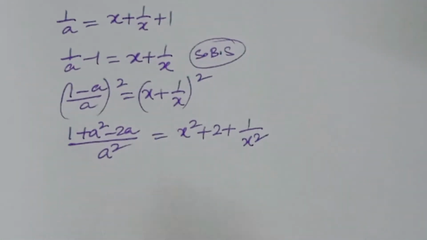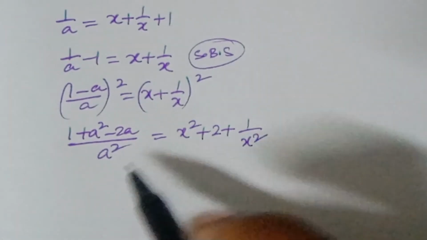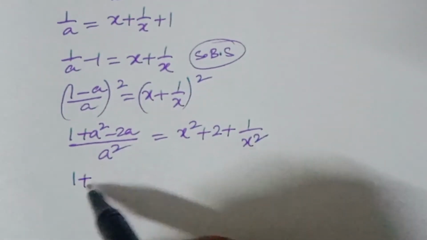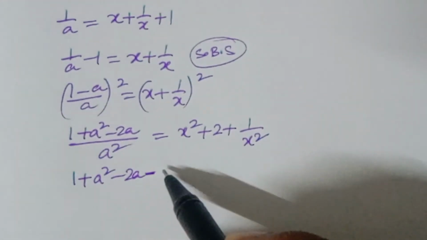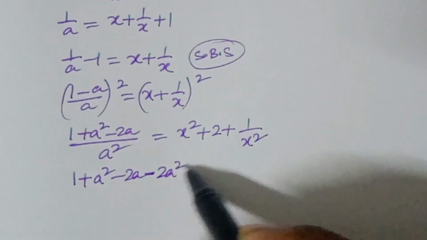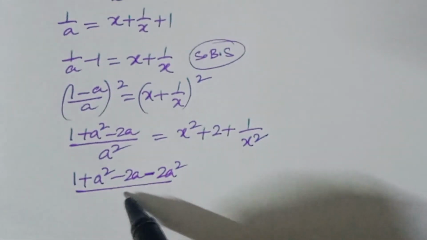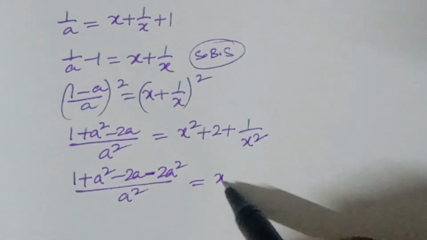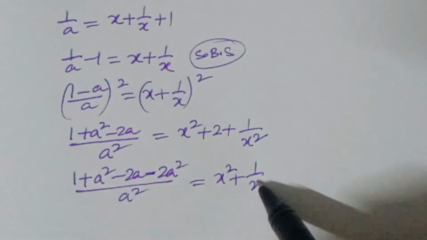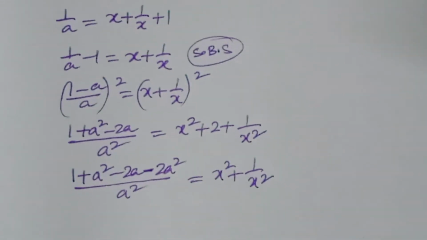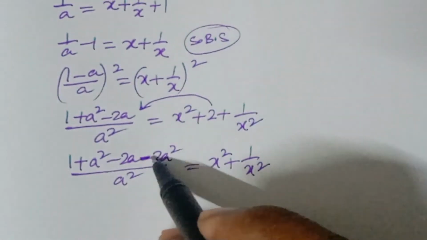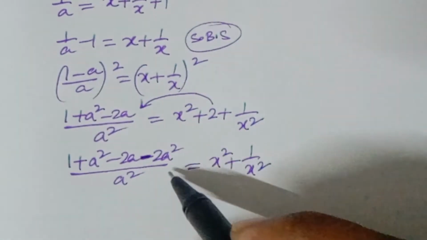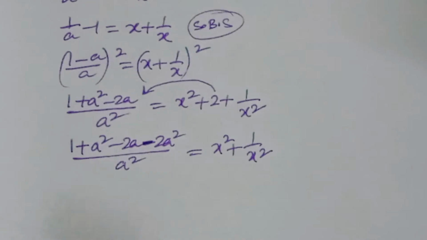So here sending 2 to that side, 1 plus a square minus 2a square by a square is equal to x square plus 1 by x square. So taking to that side and taking LCM, you'll get minus 2. LCM denominator 1, you'll get 2a square.